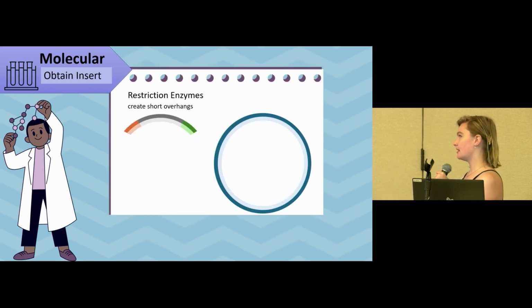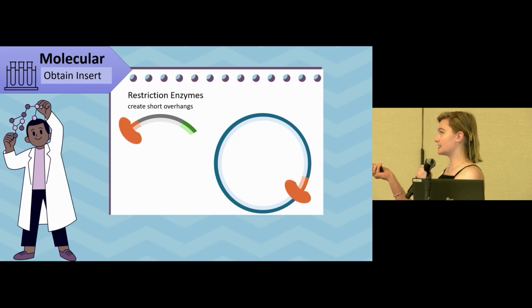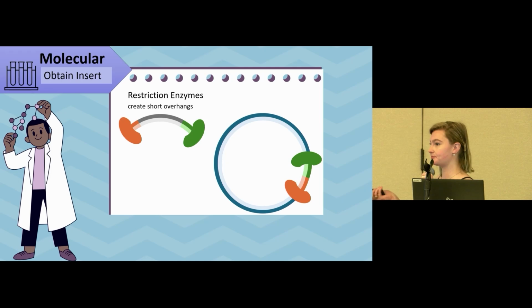So, restriction enzymes create short overhangs. Hopefully everyone's a little bit familiar with what those are, but if not, let's say that you have a restriction enzyme site like EcoRI and HindIII. You want to make sure to have 2 different enzymes because if you have one, you risk your insert being flipped.